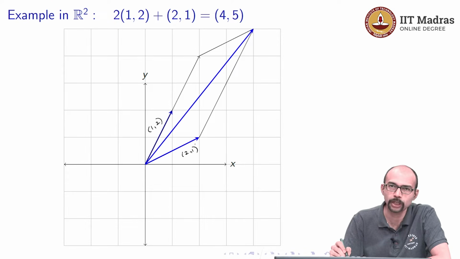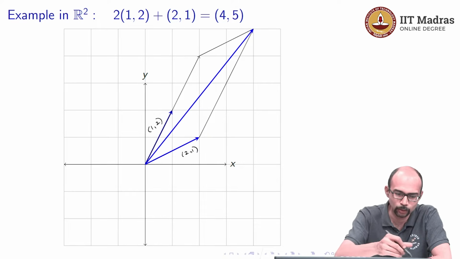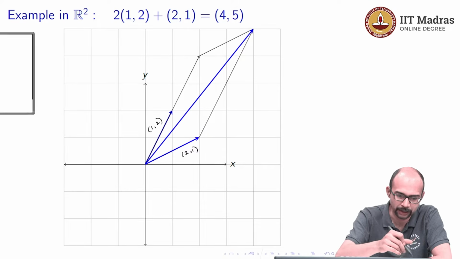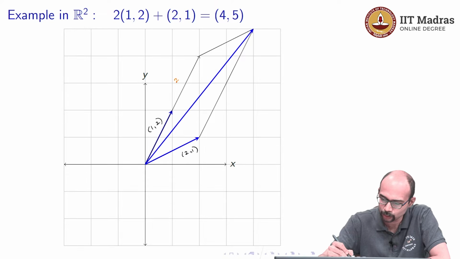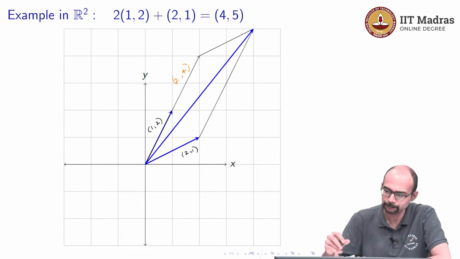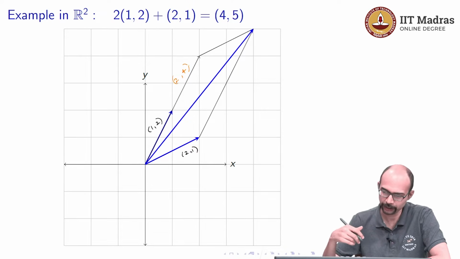Then you take 2 times (1, 2), you scale (1, 2) by 2. The new vector you get after scaling is this thing here, which is (2, 4). So you have (2, 4) plus (2, 1), use the parallelogram law and you get (4, 5).